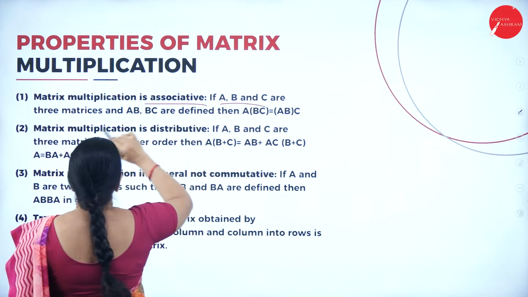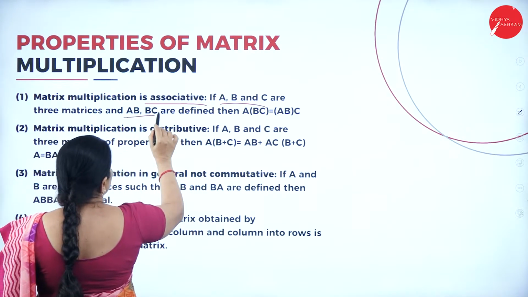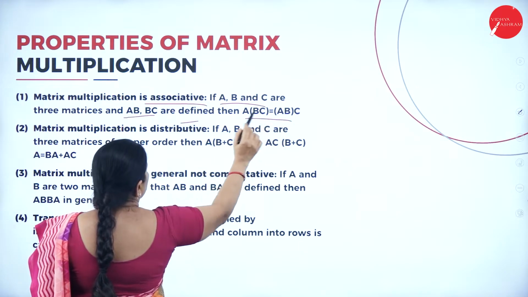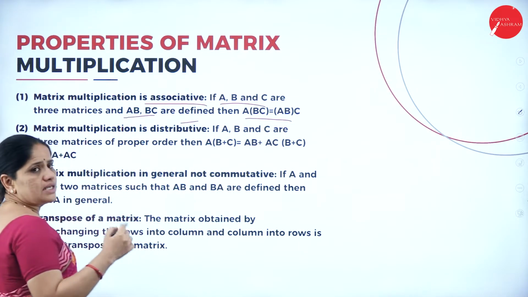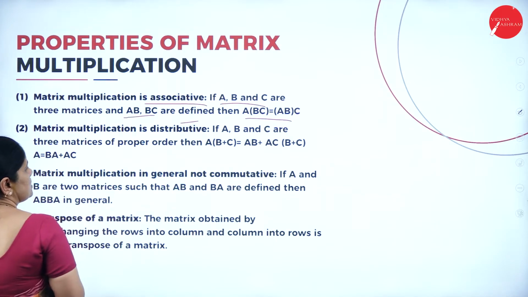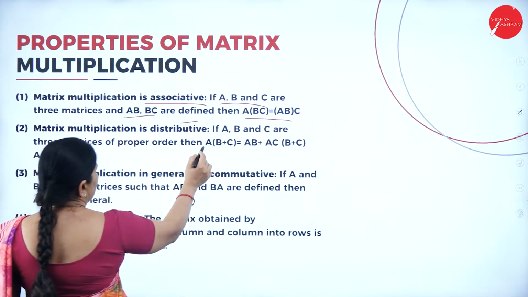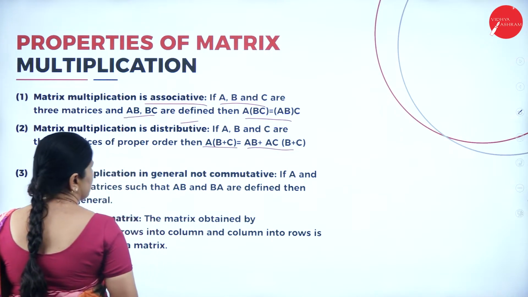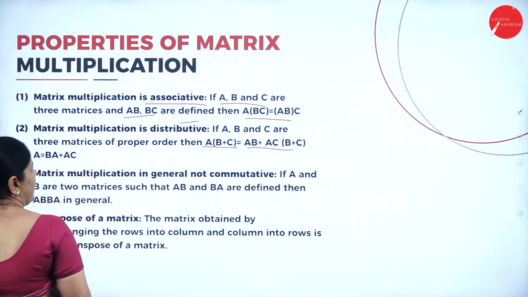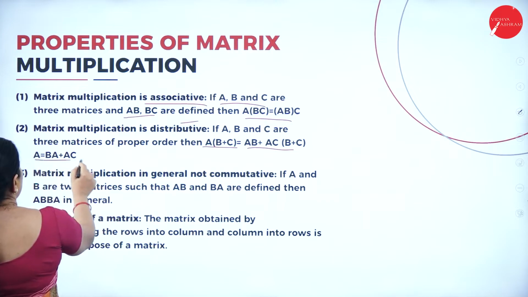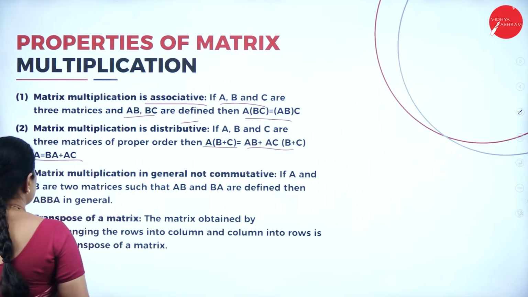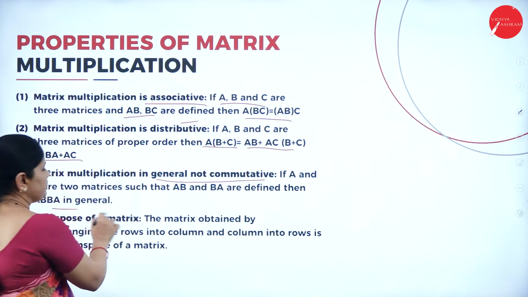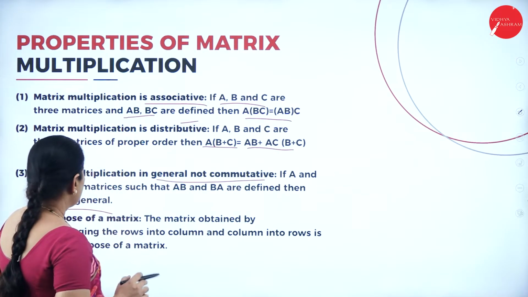If A, B and C are three matrices, and AB and BC are defined, then A into BC equals AB into C. It is also distributive: A into B plus C equals AB plus AC. So matrix multiplication in general is not commutative.